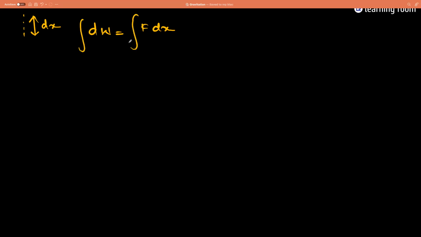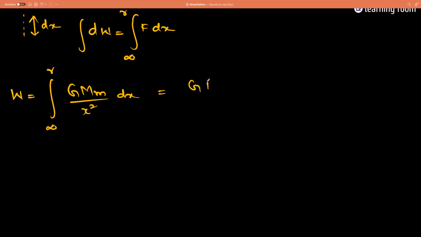So integrating on both sides, initially the object was at infinity, now it is brought to a point r. So work done will be equal to the integral of G capital M into small m divided by x square into dx, where the object is moved from infinity to r. This will be equal to G capital M into small m into the integral of dx divided by x square from infinity to r.